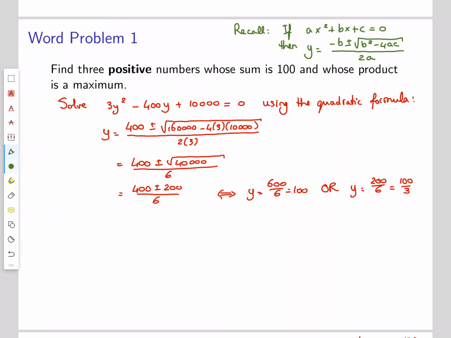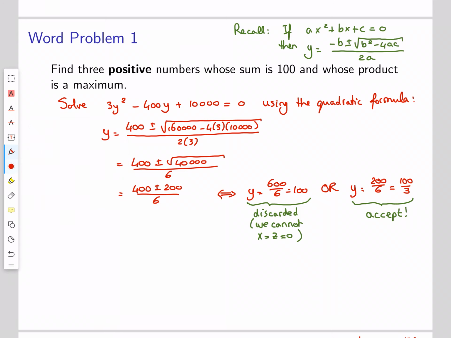So there are two values of y that you can get, but the first value, y equals 100, must be discarded, because as soon as y is equal to 100, we cannot have x and z equal to 0. Okay, and then we can accept the other solution, that y is equal to 100 over 3.